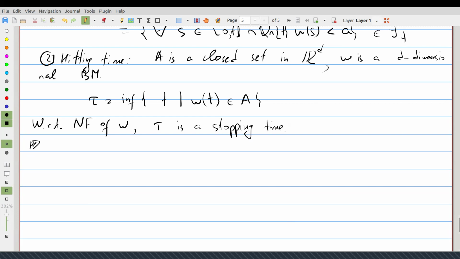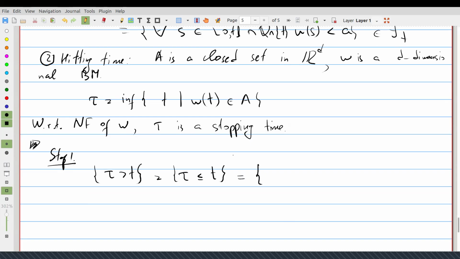Let's prove rigorously that this is a stopping time. So step one will be the following. The event tau greater than t is obviously the complement of the event tau less than or equal to t.